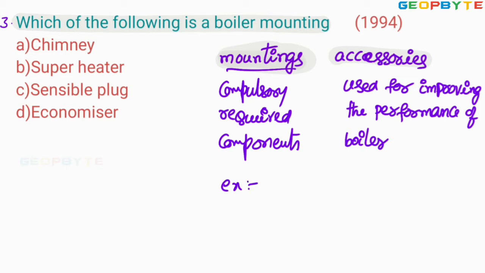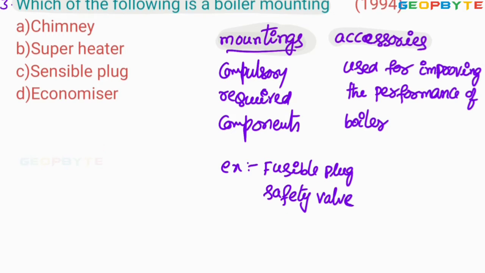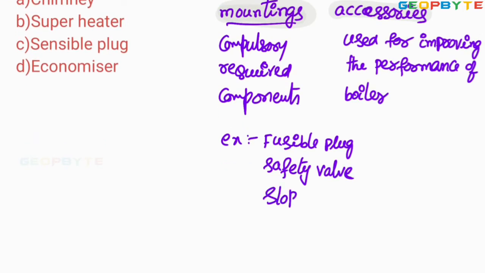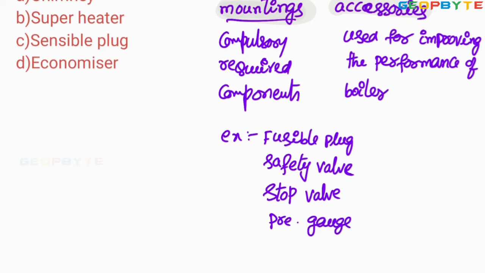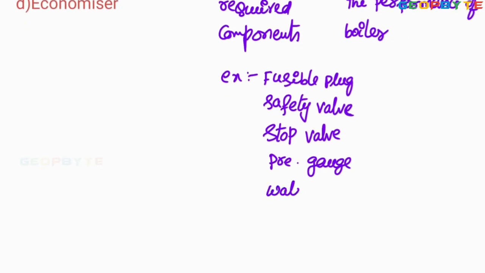So here, boiler mountings are fusible plug, safety valve, stop valve, pressure gauge, water level indicator, blow off cock.